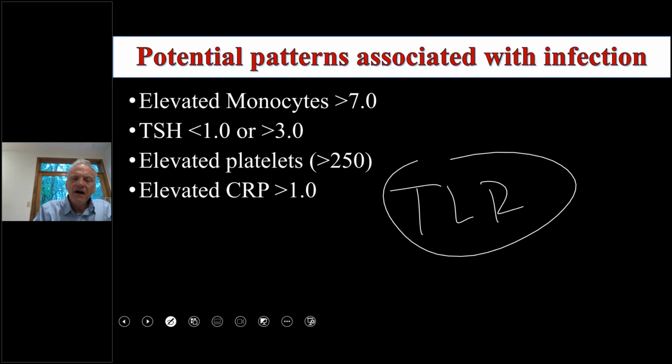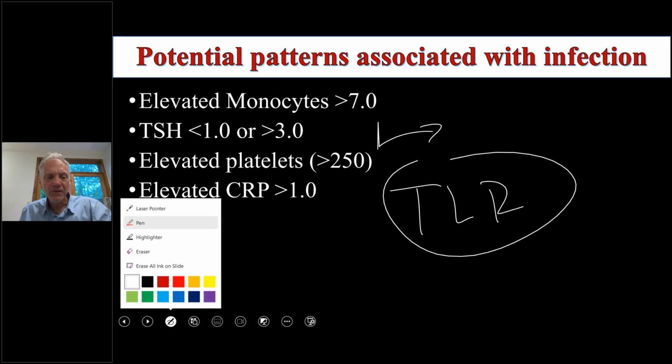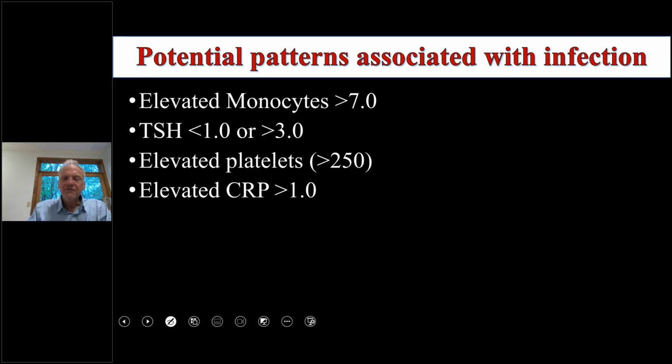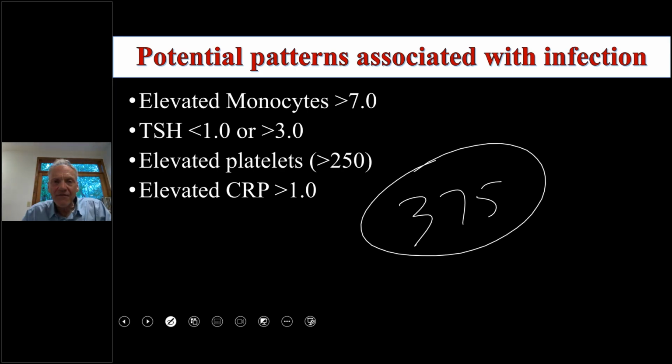So if the platelets are sensing some kind of microbe in the environment, sometimes it's this inflammation, but if it's sensing some kind of microbe in the environment, it will elevate its number of platelets, and you'll see those platelets go above 250. Now, if you have somebody with platelets of 375, does that mean that they have a chronic infection or they have an acute infection? Well, it doesn't necessarily mean that, but it can. It fits a pattern of that.